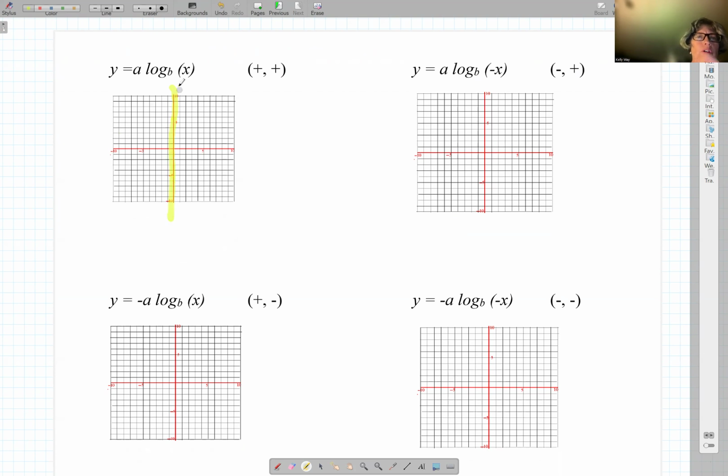So we'll pretend that's a dotted line there. And so here, this is the original parent function. It's going to go like this.